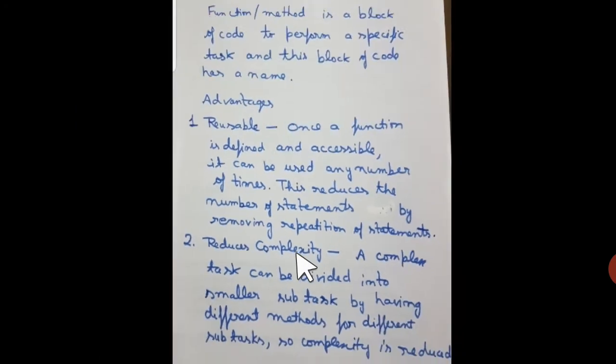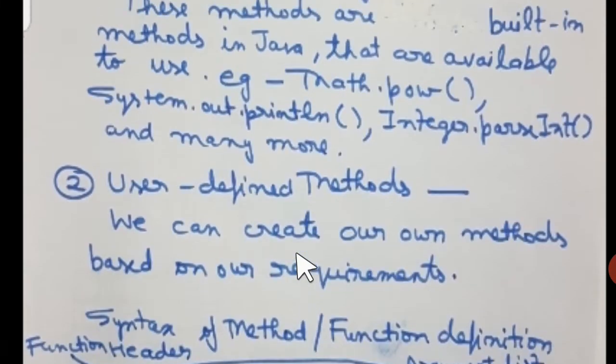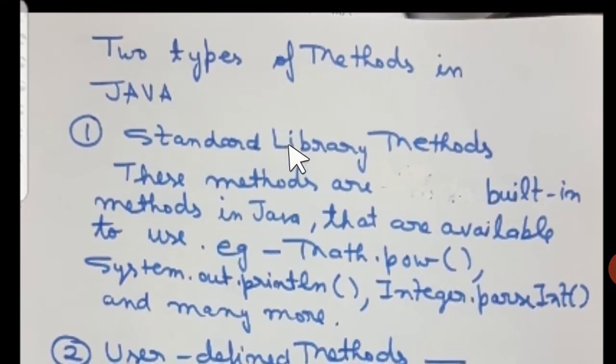All right. After that, students, categories of functions or methods in Java. The first category is standard or library methods. These methods are the ones which are already defined. These are built-in methods in Java that are available to use. Examples are the pow function, that belongs to the Math class.